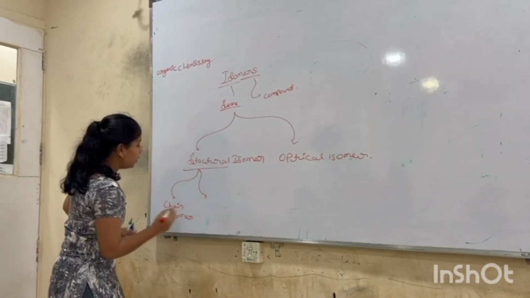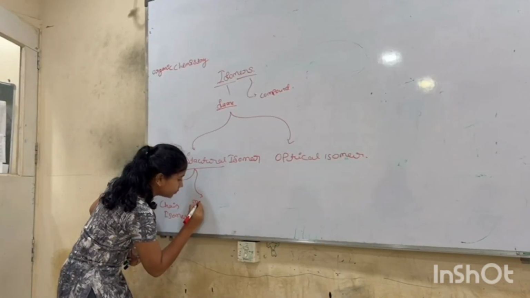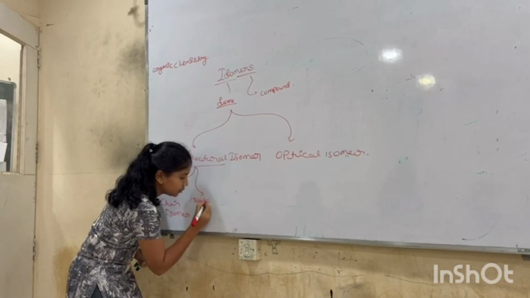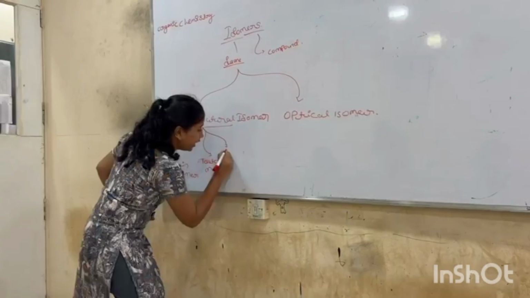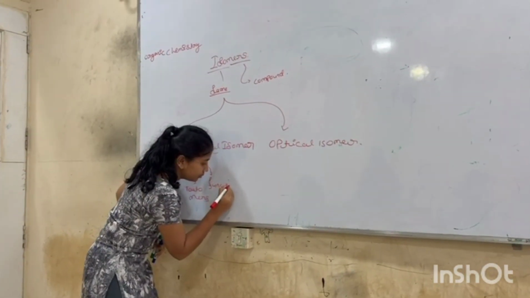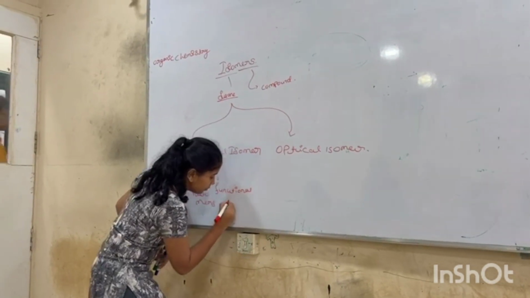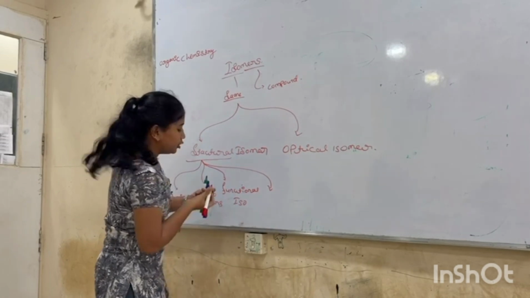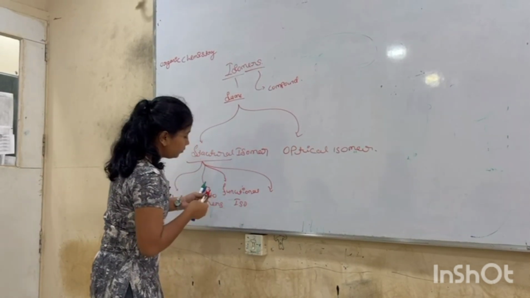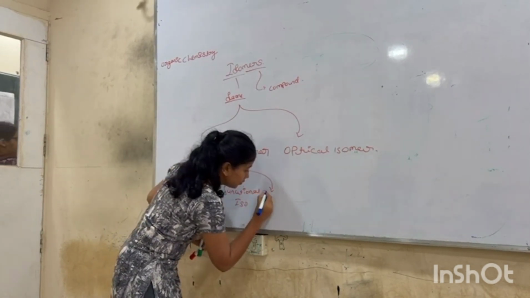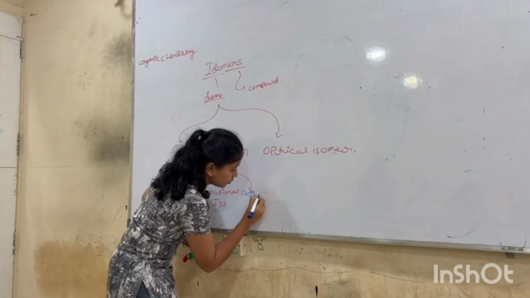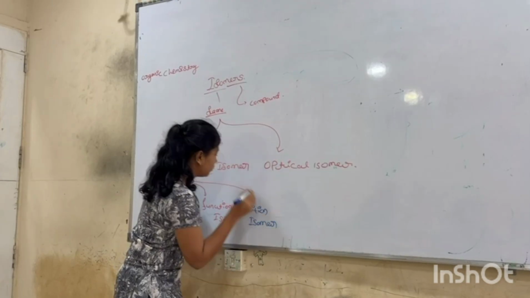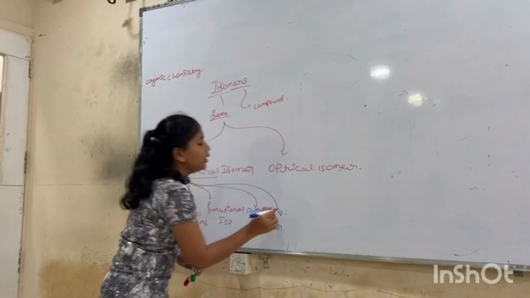Second one is functional isomer, third one is positional isomer, fourth one is tautomer, and fifth one is metamer.